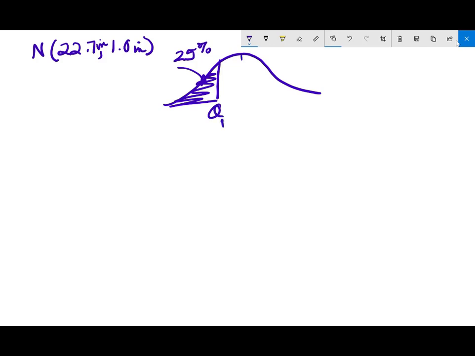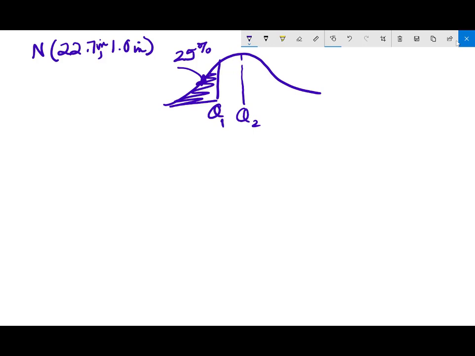Now we know that the mean is quartile 2. So we know that our z-score here is going to be negative. All right, so let's look at this.